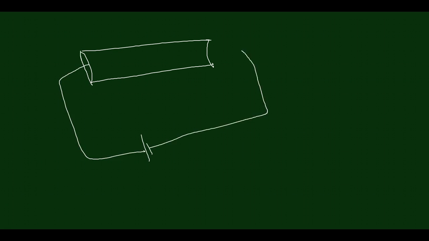Suppose I have a conductor like this, and I apply voltage externally, it is plus and minus. The electrons present inside the conductor will flow towards the positive side. The electrons' direction will be in this direction, but the conventional direction, the internationally approved standard convention, is opposite to the electron flow.